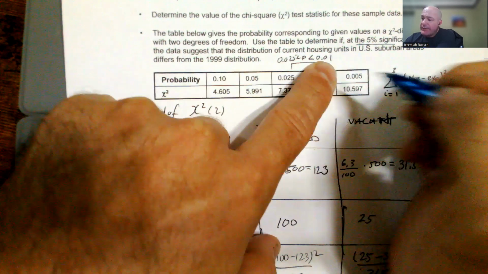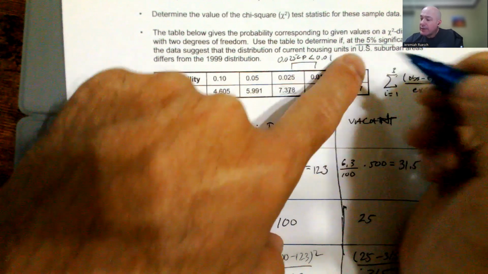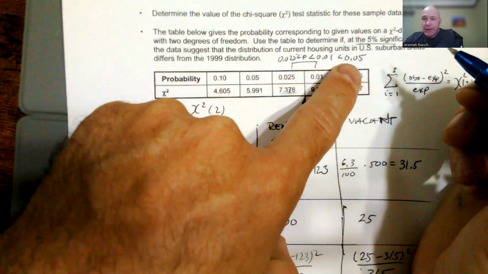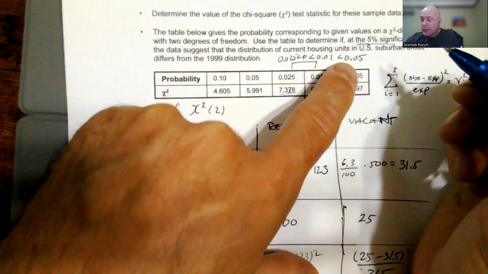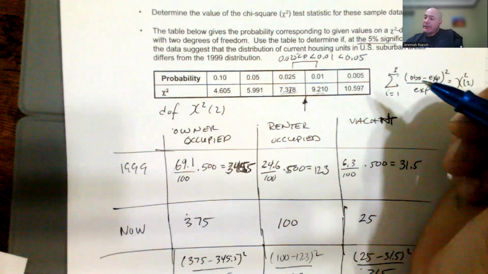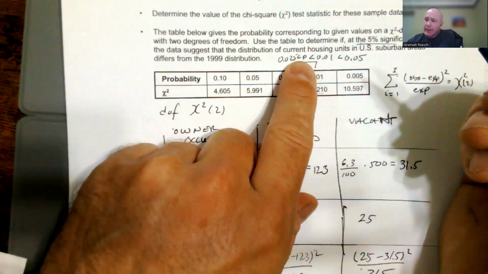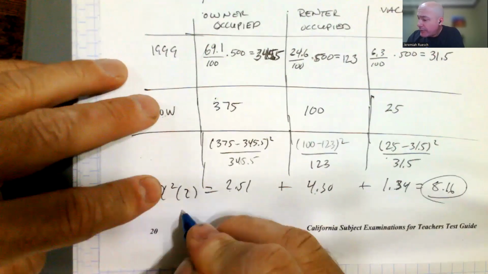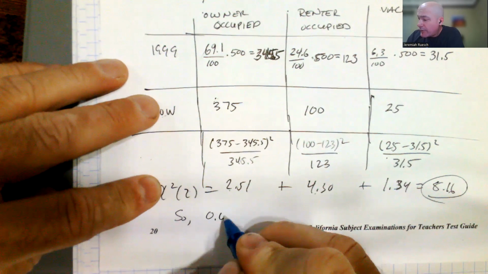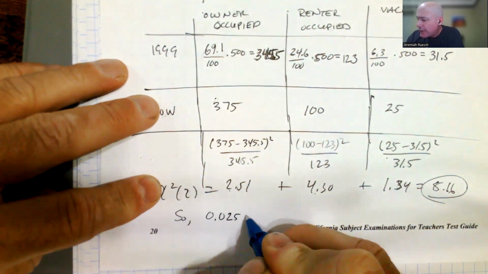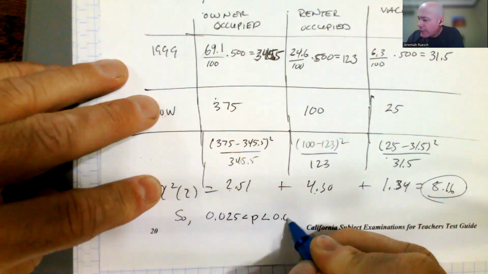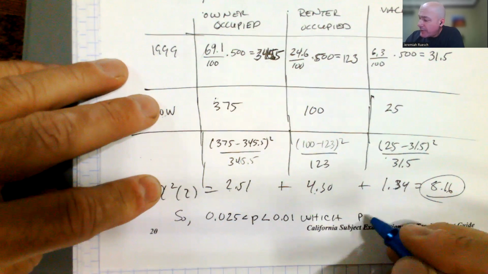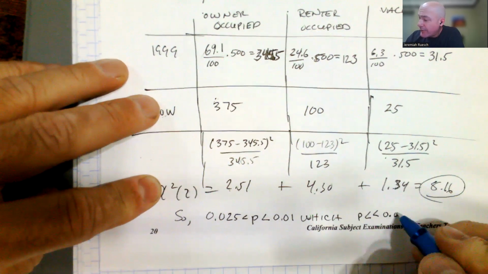Well, even at its biggest, even if it was equal to 0.01, that's still significantly less than 0.05, which is the value that we would need to have our p-value less than in order to reject the null. And since our p-value is significantly less than that, then we can conclude, so 0.025 is less than P, which is less than 0.01, and P is much less than 0.05.